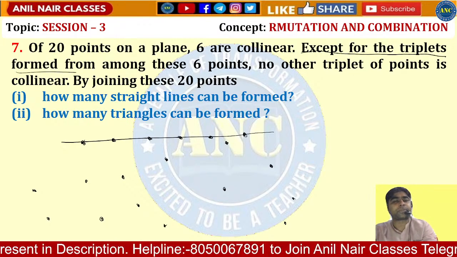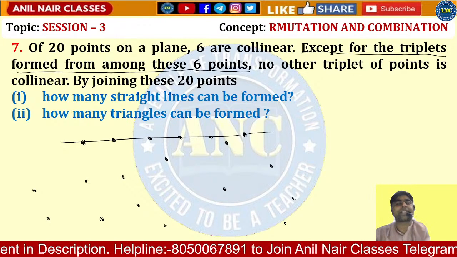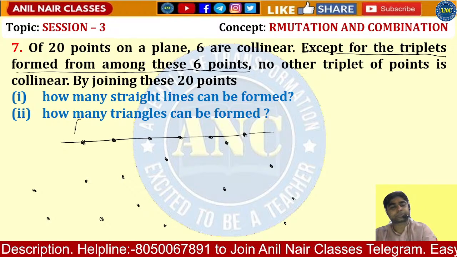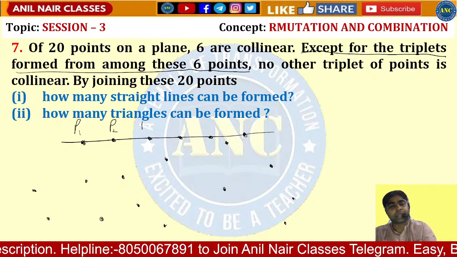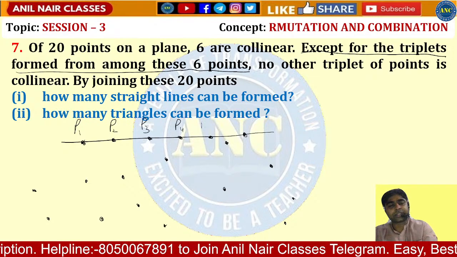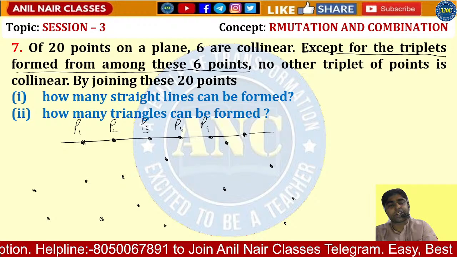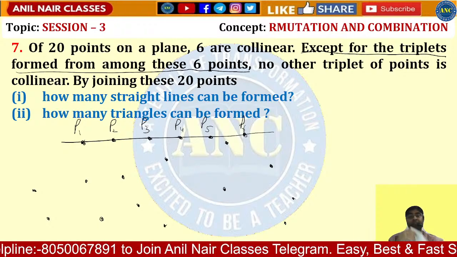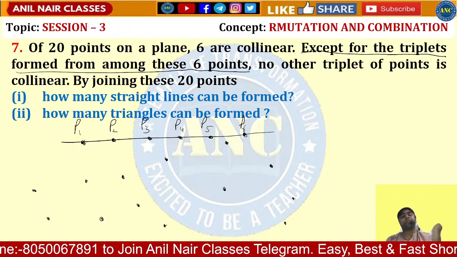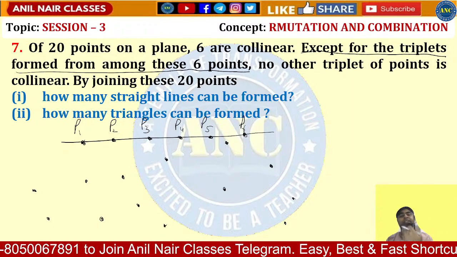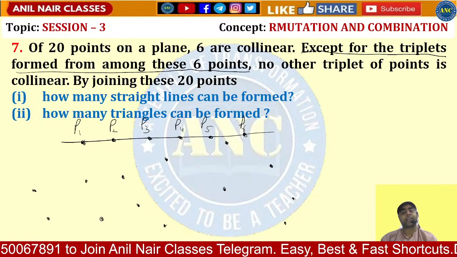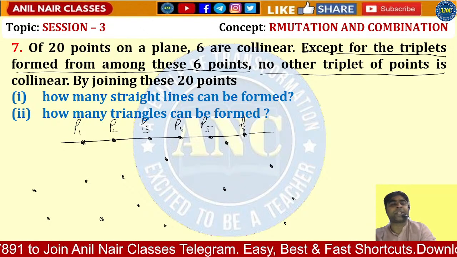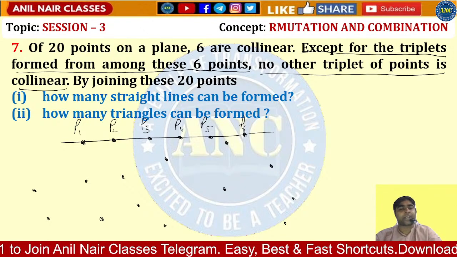Except for the triplet formed from among these 6 points, that means if you pick any of these P1 to P6, any 3 of the points, all of them would be collinear. If I pick P1, P4 and P6, P1, P4 and P6 are collinear. Okay, this is what he means. No other triplet of points is collinear, means none of the other points are collinear.